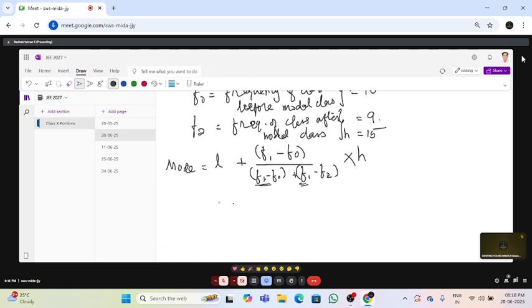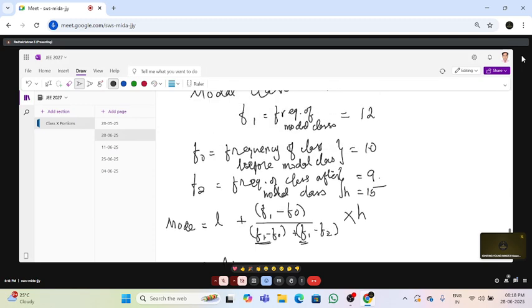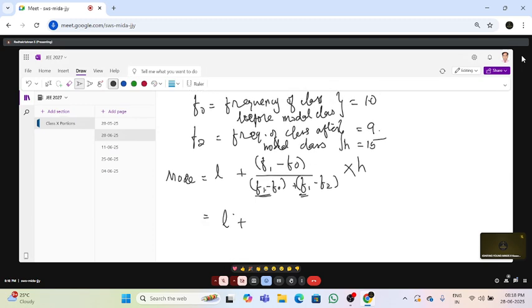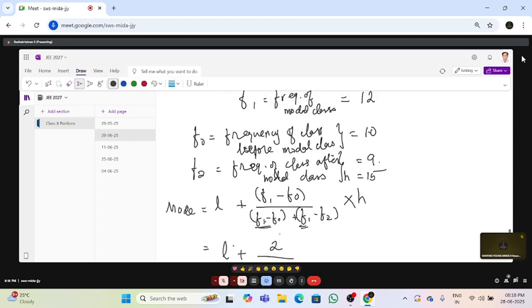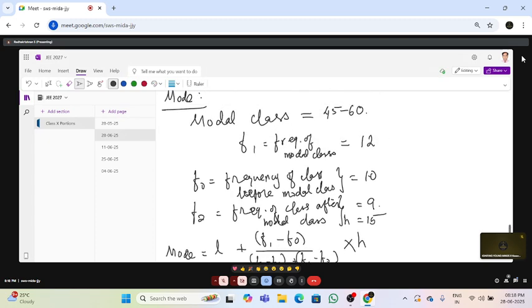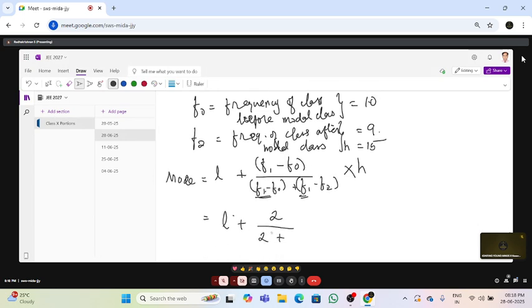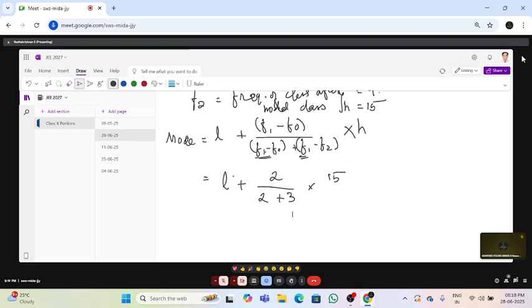This is the ratio in which we allocate. L plus F1 minus F0, that is 12 minus 10, which is 2, divided by 2 plus F1 minus F2, which is 3. So we take 2 by 2 plus 3 into 15. 2 by 5.